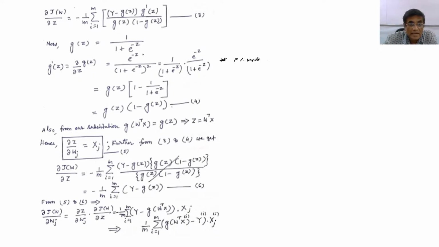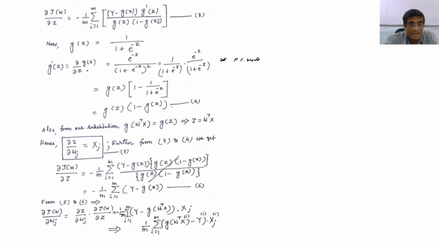What I am doing? I am writing this expression in terms of 1 by 1 plus e to the power minus z. So there are two factors of 1 plus e to the power minus z; another I am tagging with this. This is tagged with 1 plus e to the power minus z, and this 1 by 1 plus e to the power minus z has been separated. Now see the reason why we have done it.